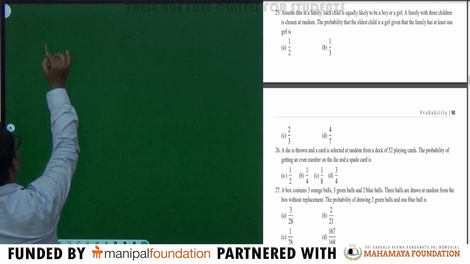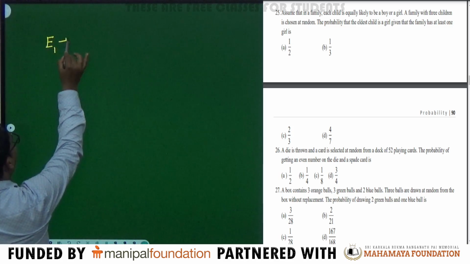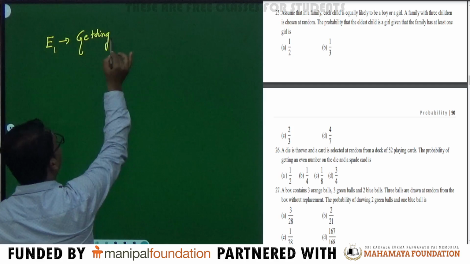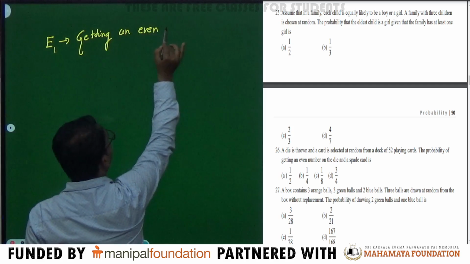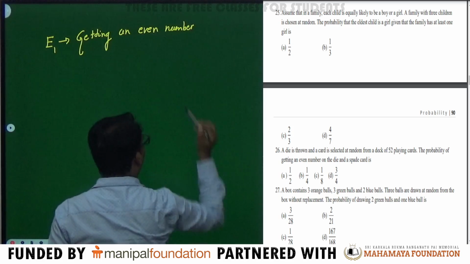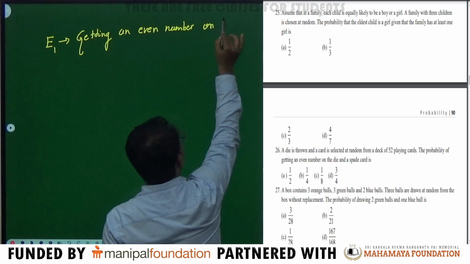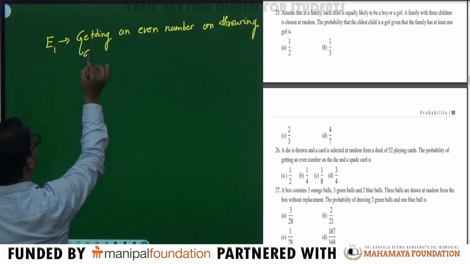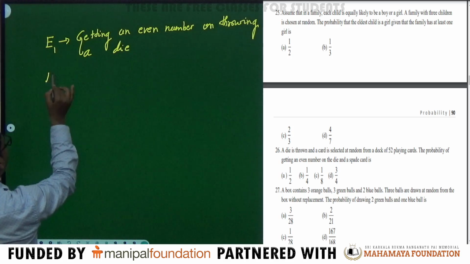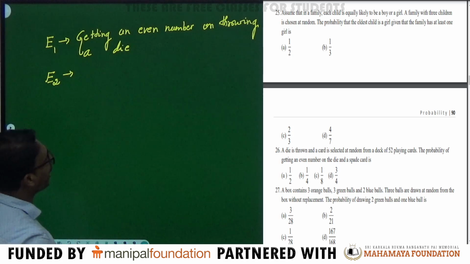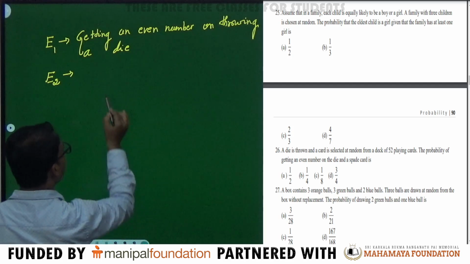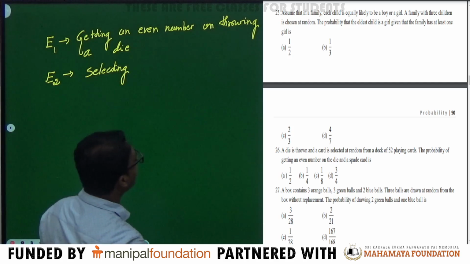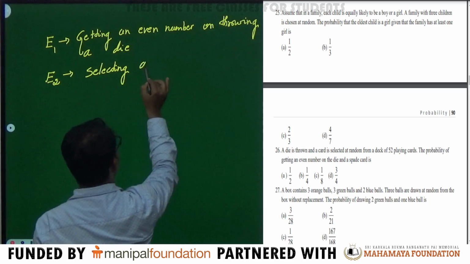So, just assume that event E1 stands for getting an even number on throwing a die, and E2 be an event: selecting a spade card.